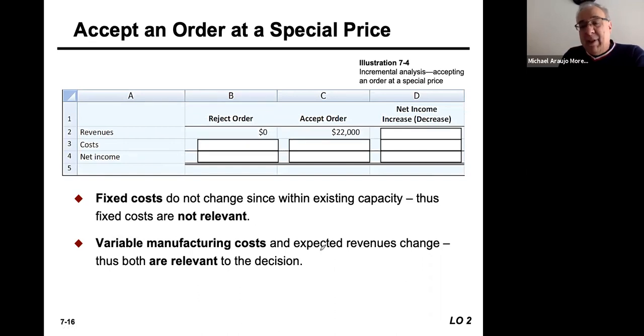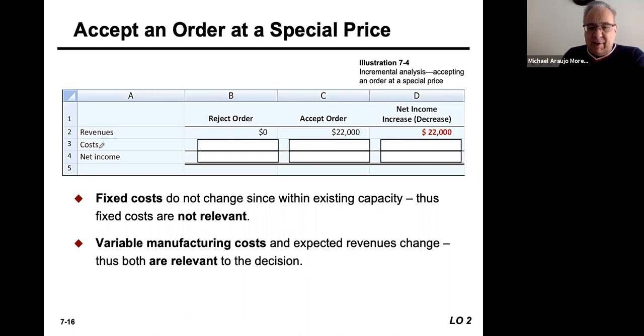If they accepted the order, they would accept it at $11 per smoothie blender and 2,000 blenders. So $22,000 if they accepted the order. So that means that their profit could increase $22,000 just with revenue alone.